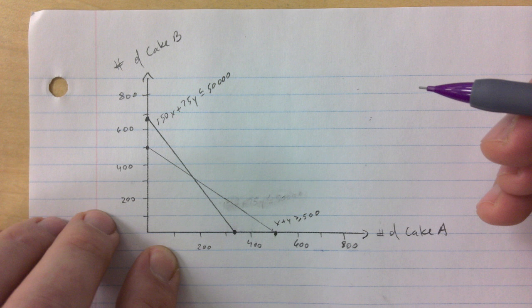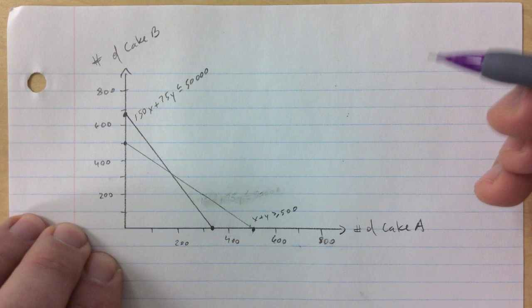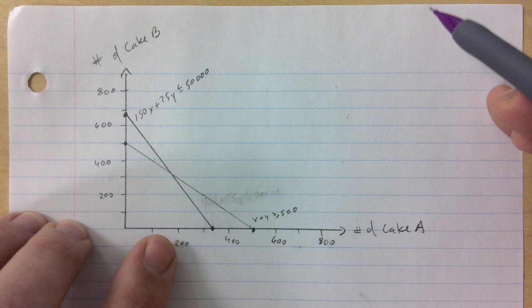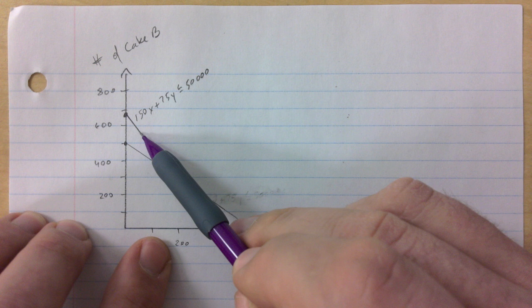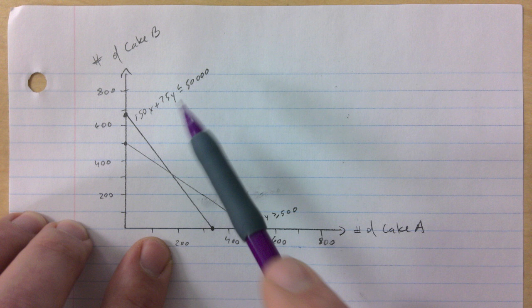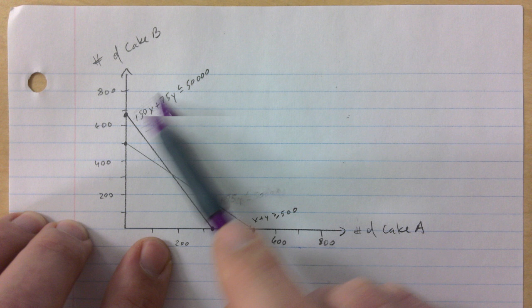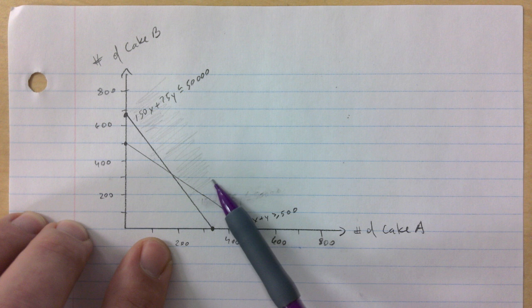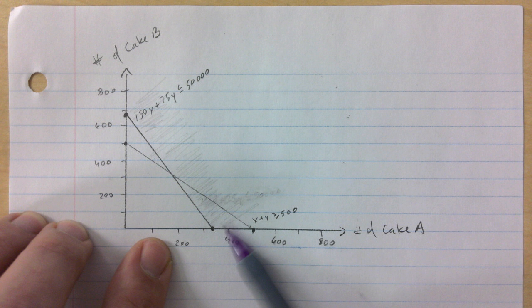And now we have to worry about the shading, right? So the first line, this one right here, stick to it. It says to shade above. At first you don't want to commit 100% yet, because you might have made a mistake. So let's see where this goes, right?